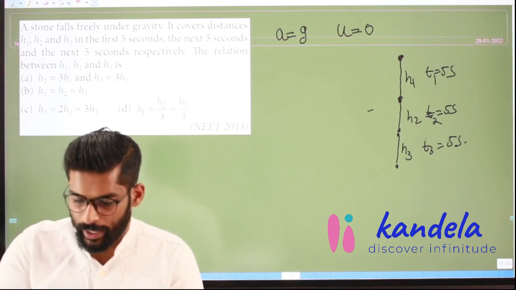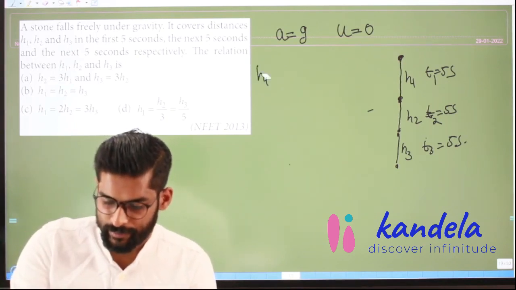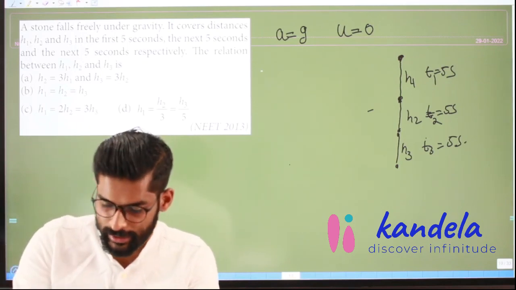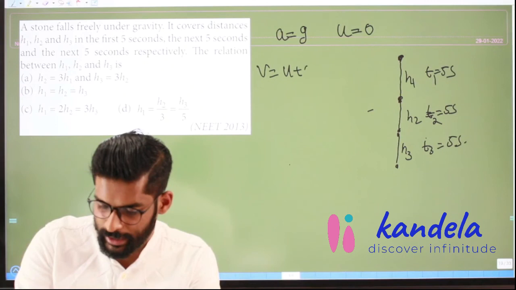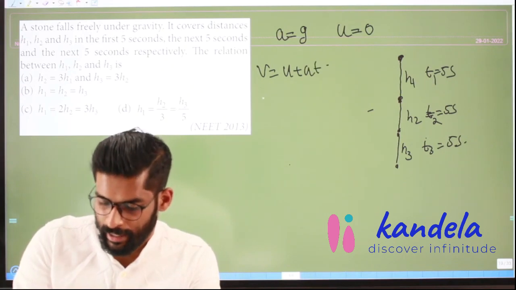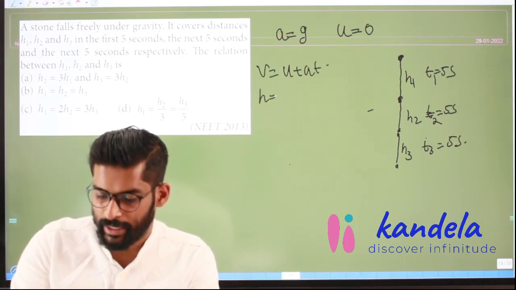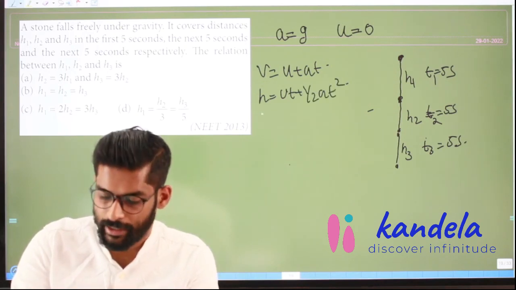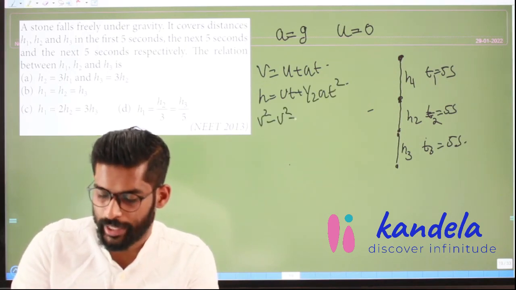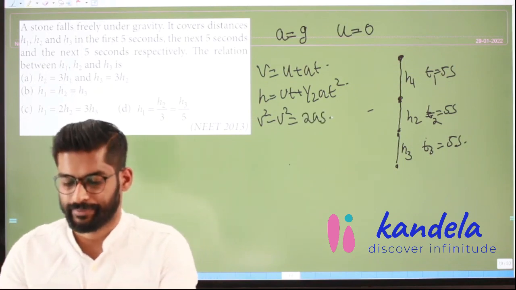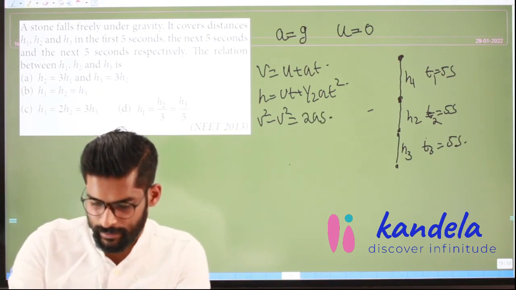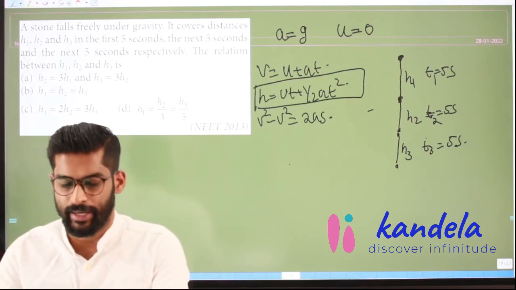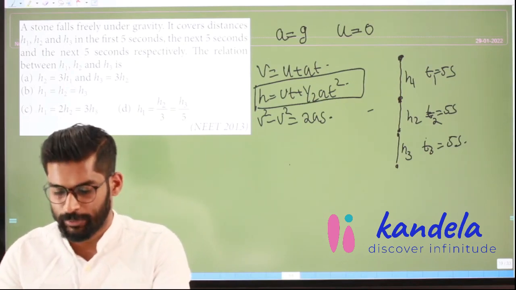So I can find h1 using equations of motion. What are my equations of motion? v is equal to u plus at; h, which is the displacement, is ut plus half at square; and v square minus u square equals 2as. We can use the equation corresponding to displacement because we need to find the relation between heights.